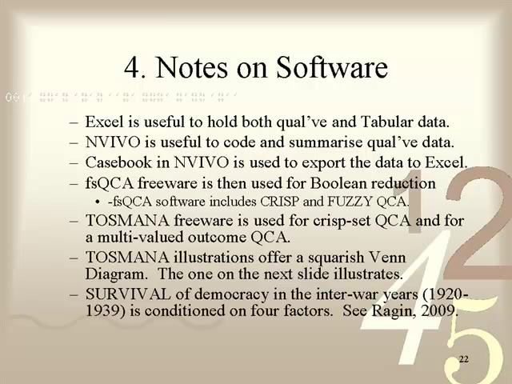NVivo can also be used to do the same thing. So you might have qualitative textual data, and you code and summarize it, and then create the casebook, and then export the casebook. So I have to mention, here's where NVivo is superior to other software. It's pretty easy to export the NVivo data to Excel or to SPSS, or you can import SPSS data into NVivo to put your demographics in there before you do further qualitative work.